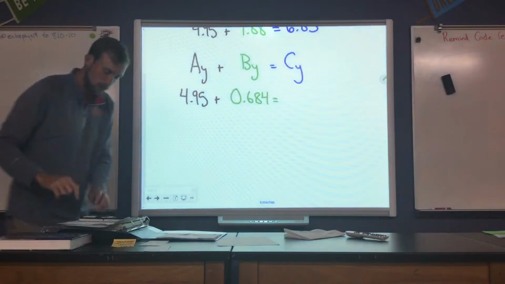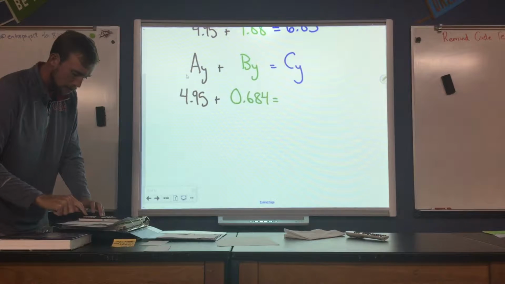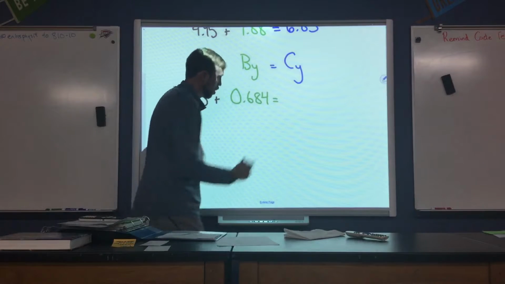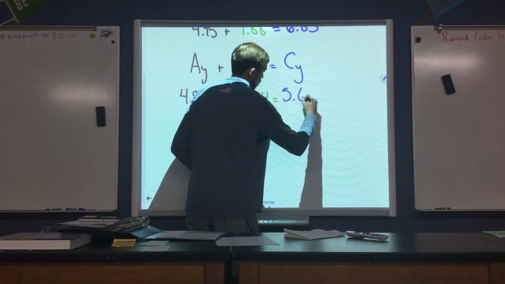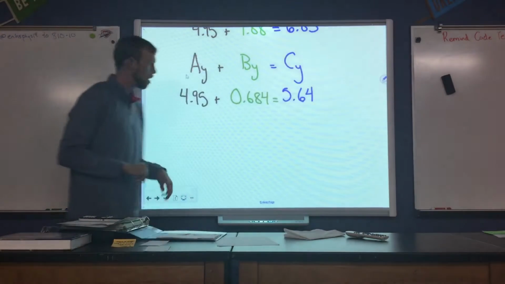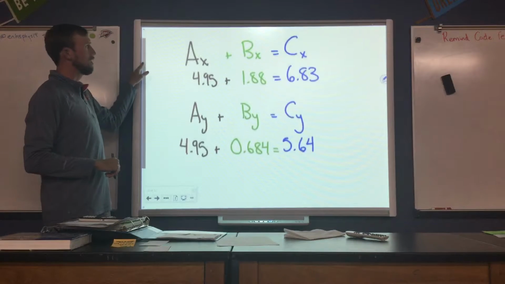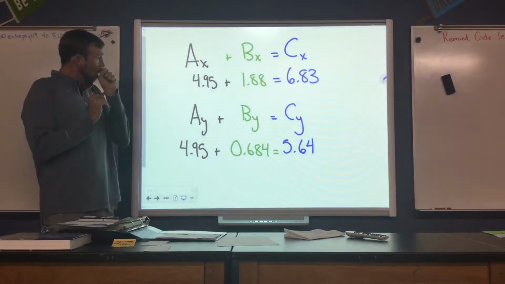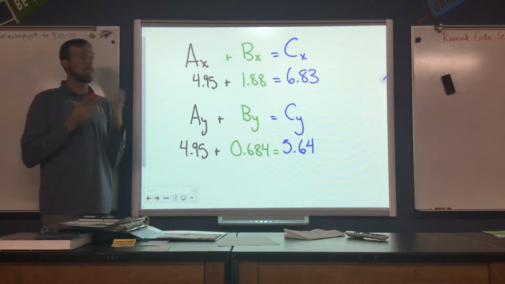We'll add those together. So 4.95 plus 0.684, we end up getting 5.637, rounding to 5.64. So now, what we've done here is we've now added our vectors in parts or components. Excuse me, which is actually the correct way to do this.